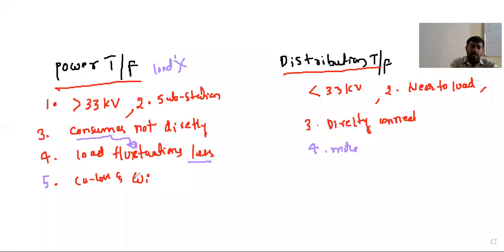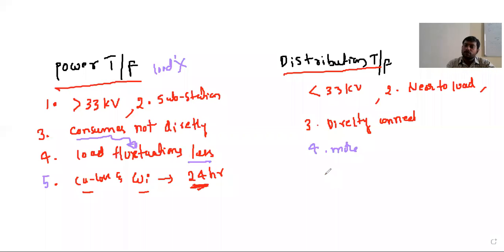Copper losses and iron losses will take place throughout the 24 hours, because, for example, from the substations to loads, during the summer season, one power transformer will supply to the loads, but the loads will increase. ACs, refrigerators, air coolers, all the loads will increase, so load scheduling will take place. Nothing but 3 hours load shutdown for certain areas, and another 3 hours will shut down.